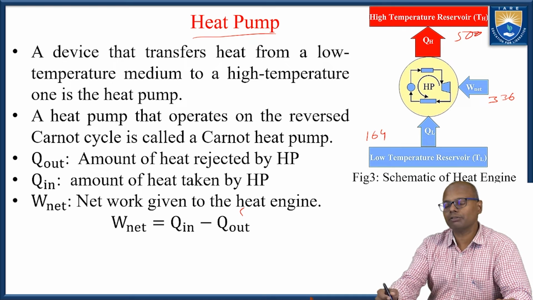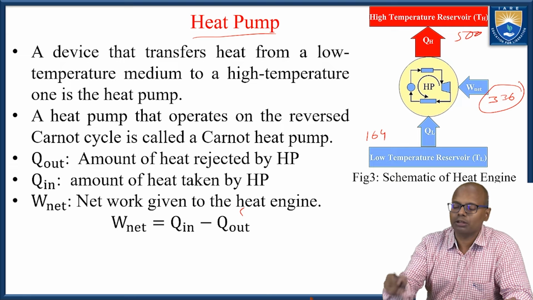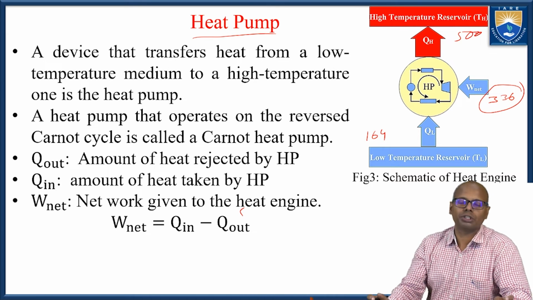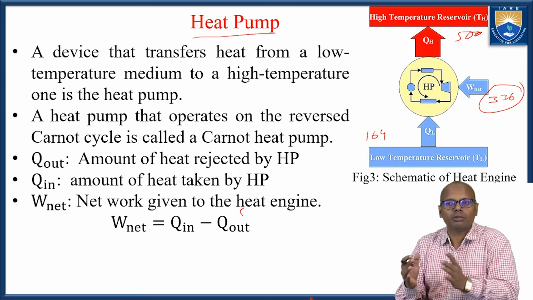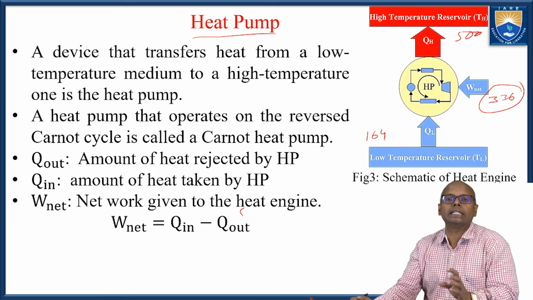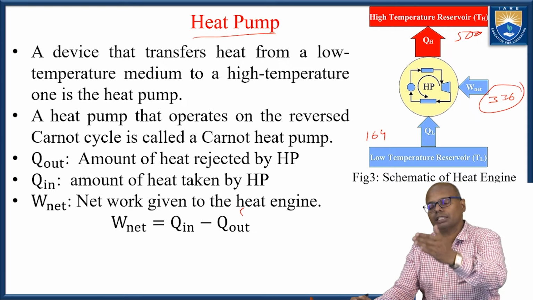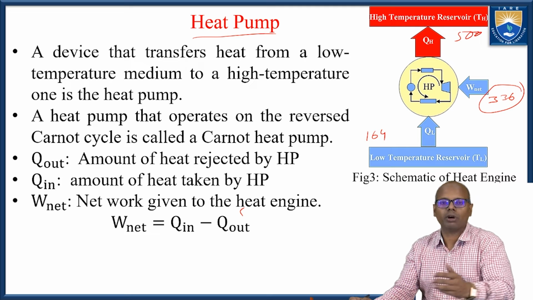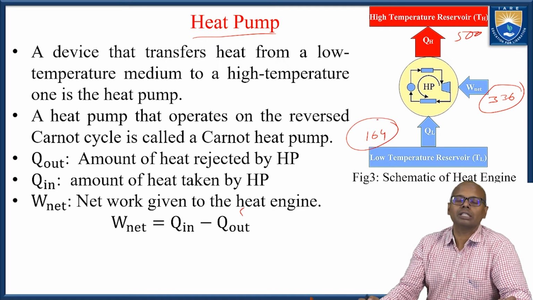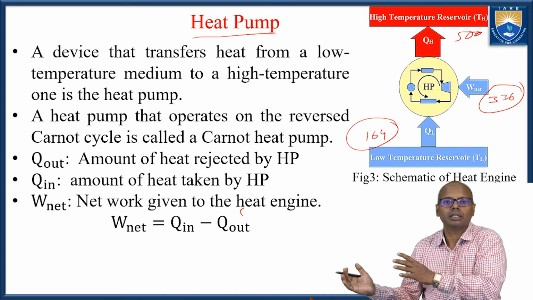If I directly use the heater, I can supply only 336 kilojoules to the room. So the room will get heated up with an amount of 336 kilojoules only, if I use a simple heater. Now, because I am using the heat pump, I am getting an extra amount of 164 kilojoules of heat from the atmosphere.